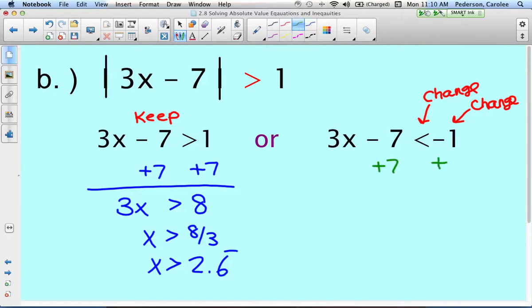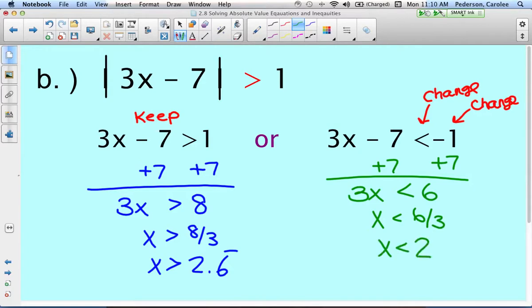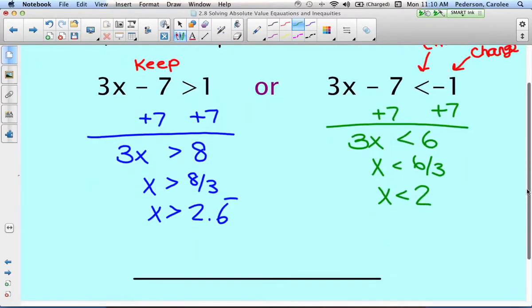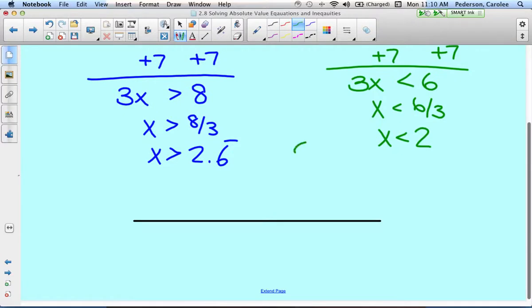Add 7 to both sides. We're left with 3x on the left. Negative 1 plus 7 is 6. Divide both sides by 3. So x is less than 2. And notice the word in between there is or.